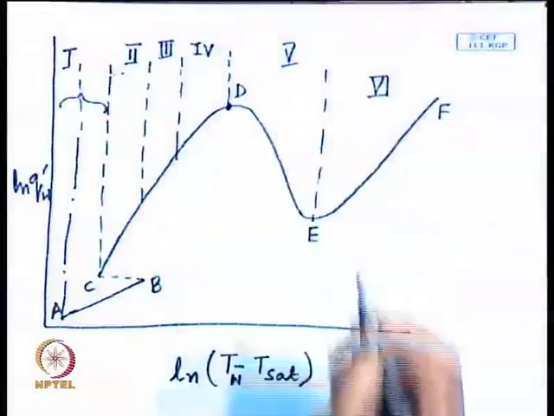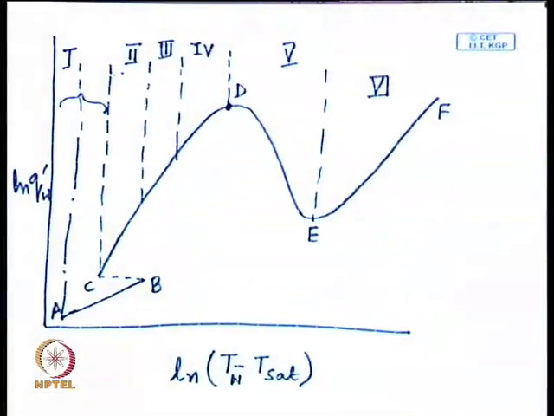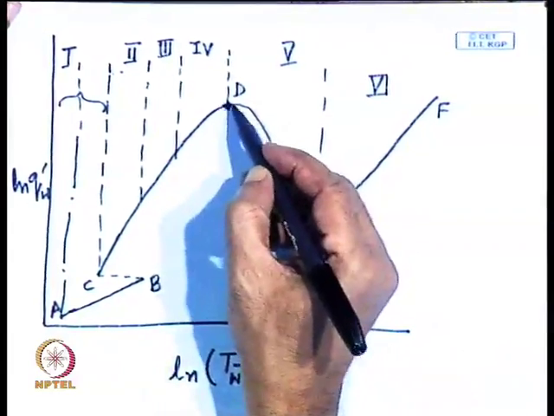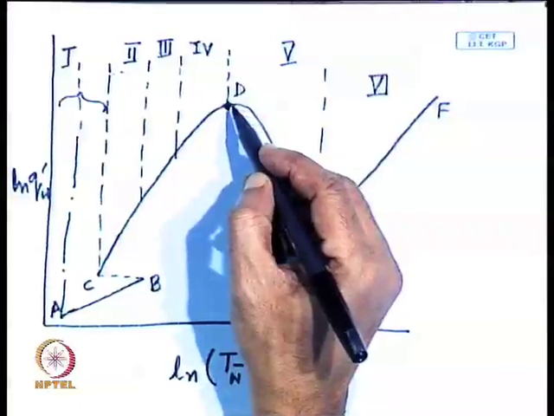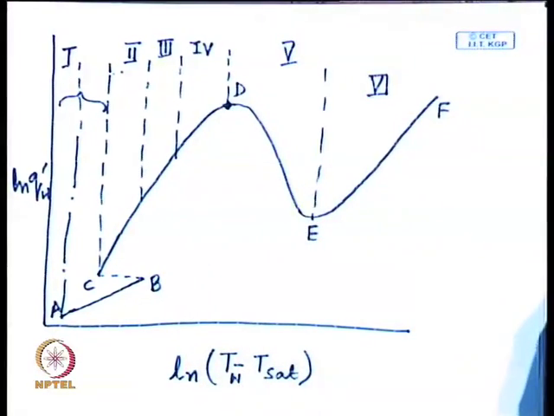Then D is a very important point. So, D is called the maximum heat flux or critical heat flux point. So, here we can see this is the full exploitation of nucleate boiling heat transfer, and here we are having the maximum heat flux where predominantly bubbles are nucleating over the surface.